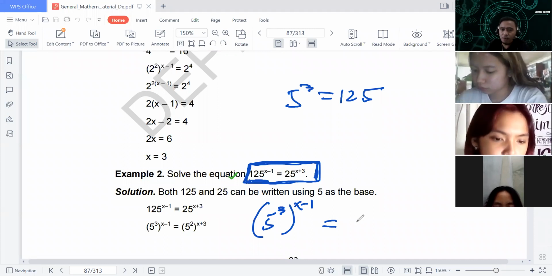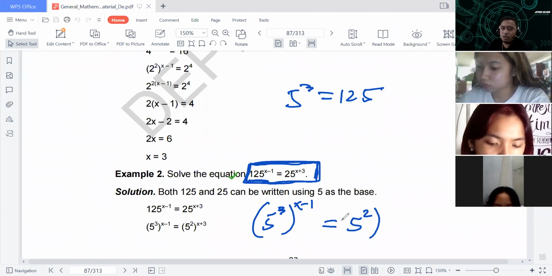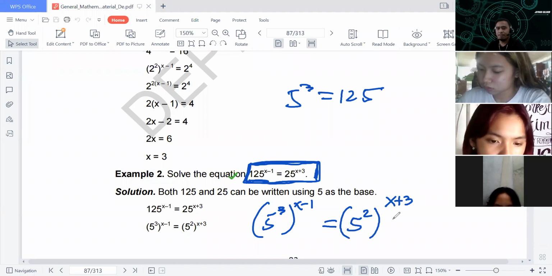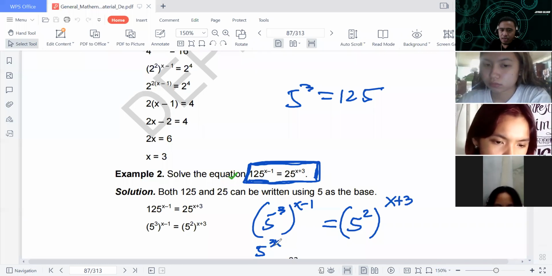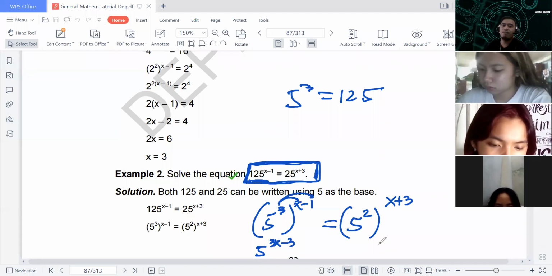Next is the 25 can also be written as 5 squared raised to the power of x plus 3. Right? And after that, this 2 can be distributed in each term. So it will be now 5 to the power of 3x minus 3. Remember, it should be distributed to the first and to the second.